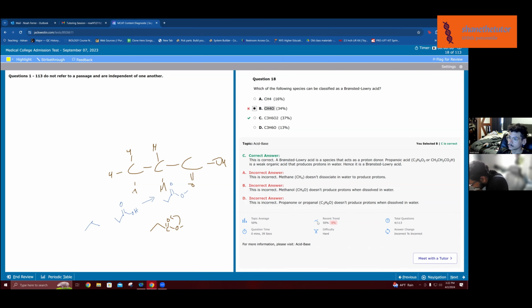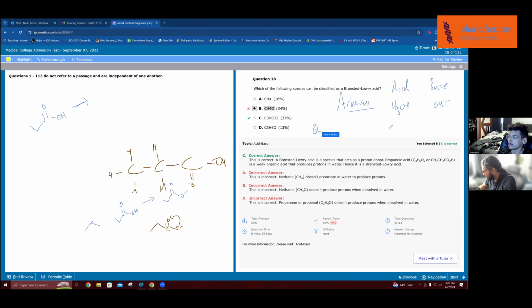Okay, so a carboxylic acid could look like this. By the way, the Arrhenius definition for acid and base is that the acid produces hydronium ion and the base produces hydroxide ion.